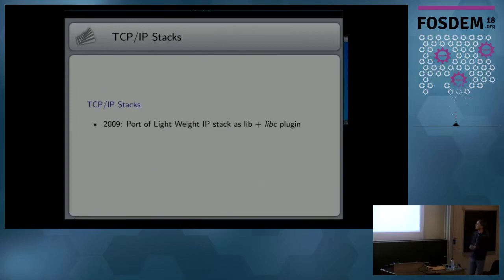The lightweight IP stack libc plugin is such a plugin that you can put behind your libc, and then you have the lightweight IP as functionality of libc. This way you won't have to incorporate the whole libc in every component just because you need one functionality of libc.